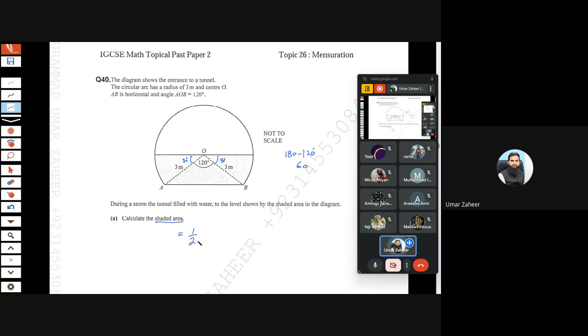So 1 by 2 product of two sides times sine of their included angle is the area of a triangle, plus 2 times area of a sector. Area of a sector will be angle, that is 30, divided by 360 times pi r square, and r is 3 square. Yes, please find the value.